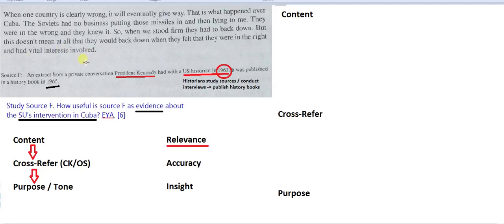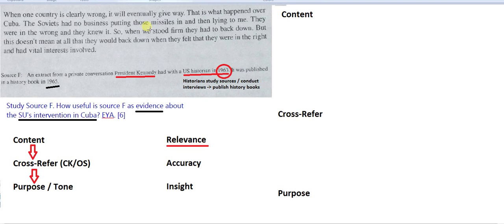So essentially, does this source tell us anything about the Soviet Union's intervention? It definitely tells us that the Soviet Union intervened. When it says here, that is what happened over Cuba, the Soviets had no business putting those missiles in and then lying to me, there are a few layers actually. I'm going to use green in this case, essentially for relevance.